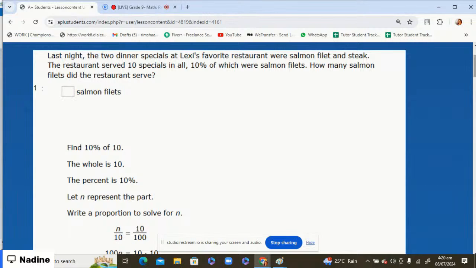The restaurant served 10 specials in all, 10% of which were the salmon fillets. How many salmon fillets did the restaurant serve? So basically we find 10% of 10.